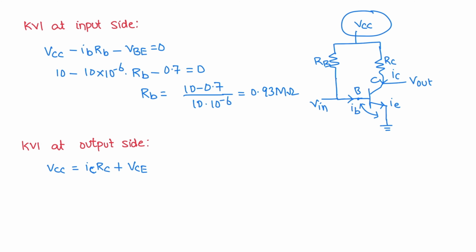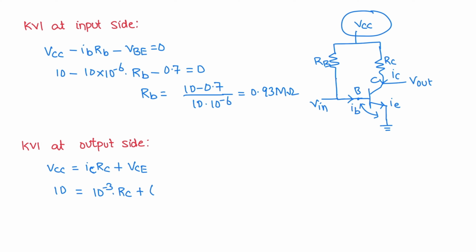Similarly, write KVL at the output side. VCC is equal to ICRC plus VCE. So VCC is 10 volts, IC, the collector current, is 10 power minus 3 into collector resistance RC, plus VCE.